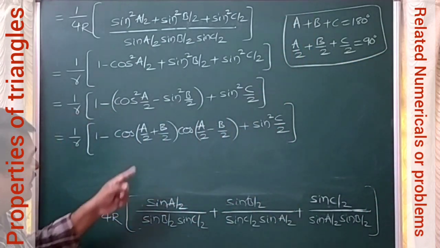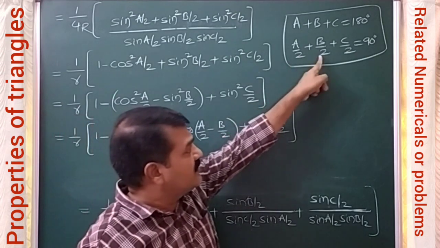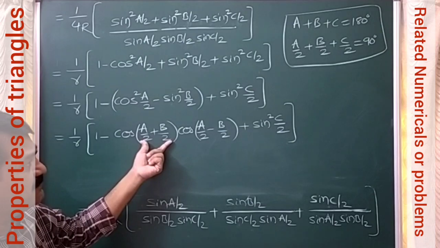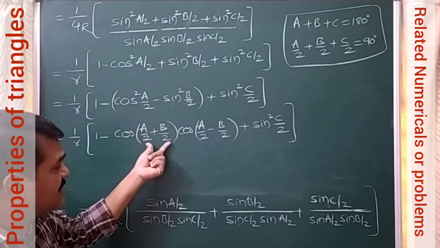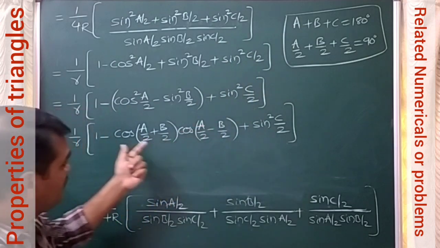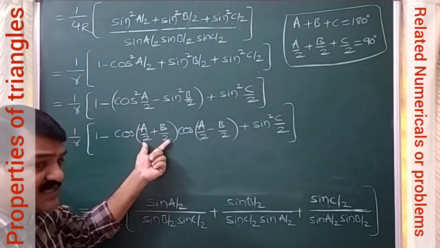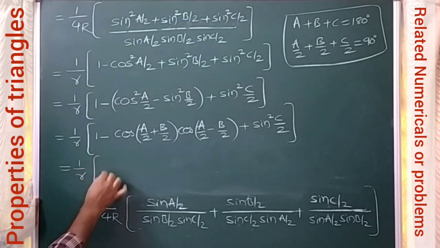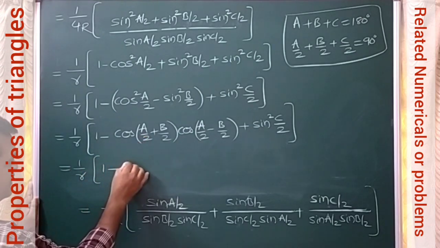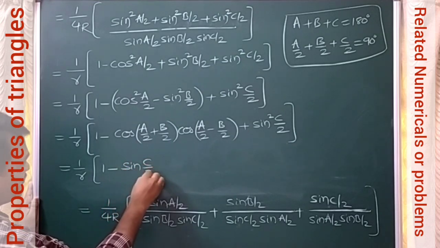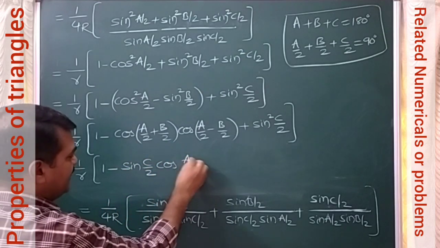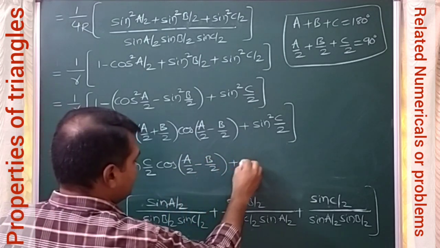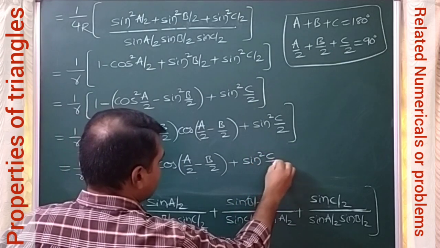Using that rule, A/2 plus B/2 we can write as 90 minus C/2. So cos(90 minus C/2) is sin C/2. So we can write this as 1 minus sin C/2 cos(A/2 minus B/2) plus sin square C/2, the last term as is.